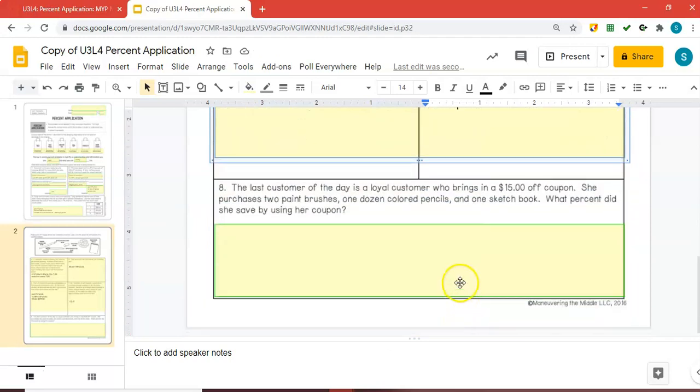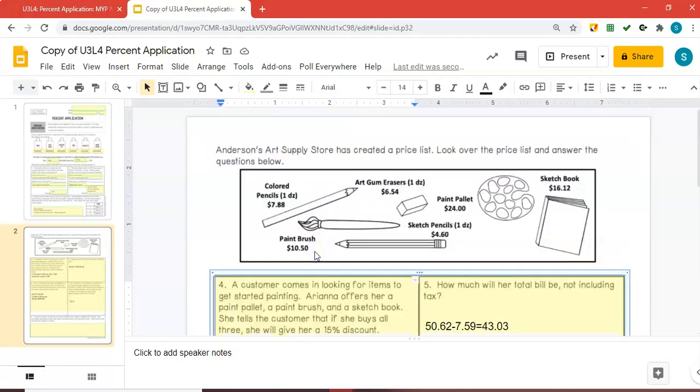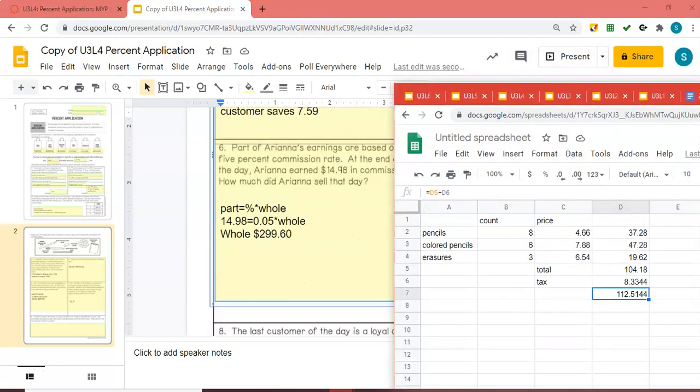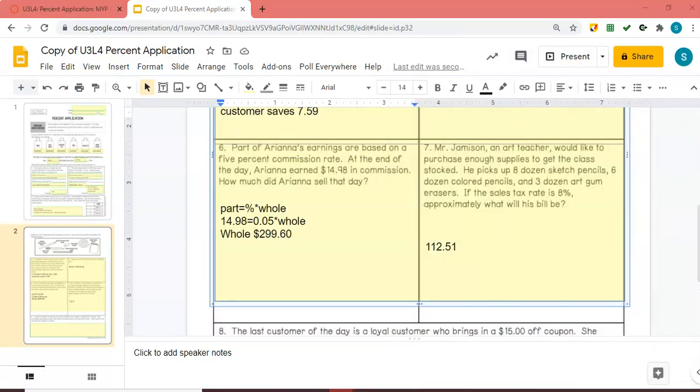Last problem. The last customer of the day is a loyal customer who brings in a $15 off coupon. She purchased 2 paintbrushes, 1 dozen colored pencils, and 1 sketchbook. What percent did she save using her coupon? So first we need to find the total. And so I'm going to, again, write down the information that's important to us. So first I'm going to write down what she bought so I can go back and get my prices.